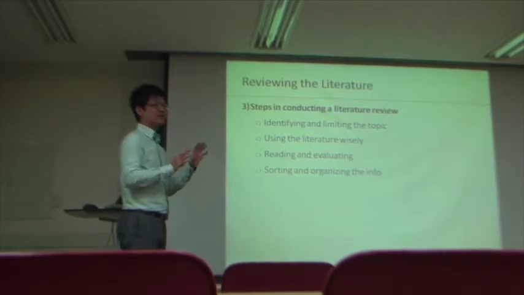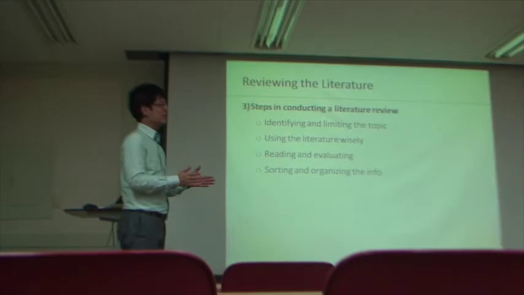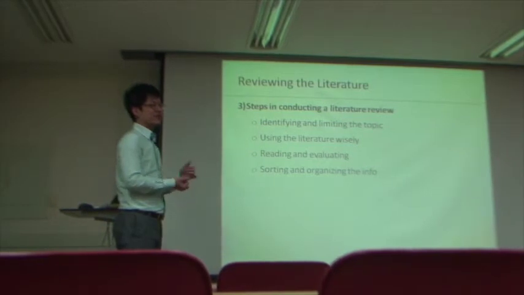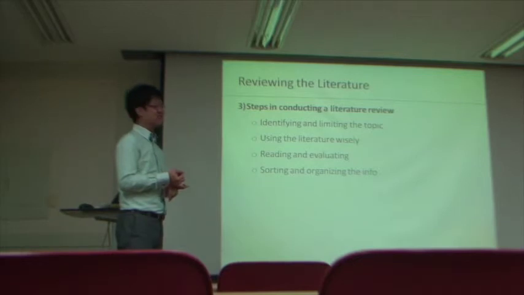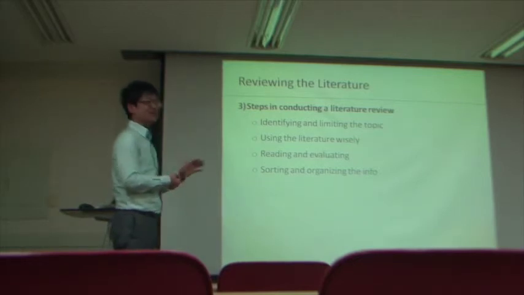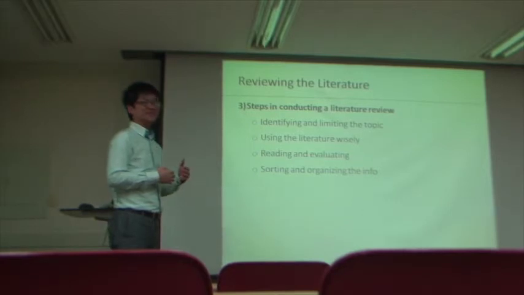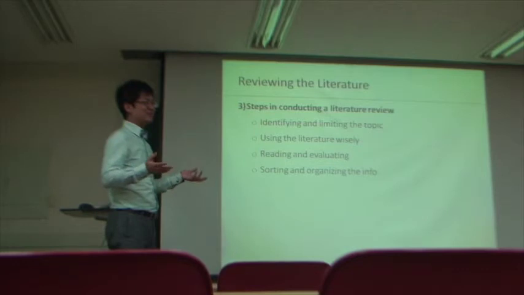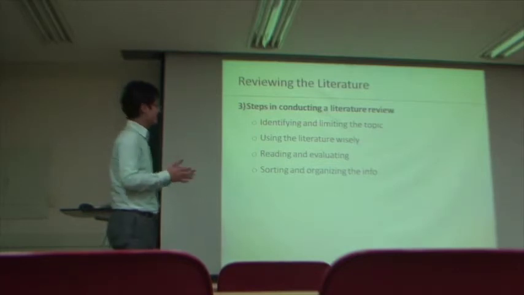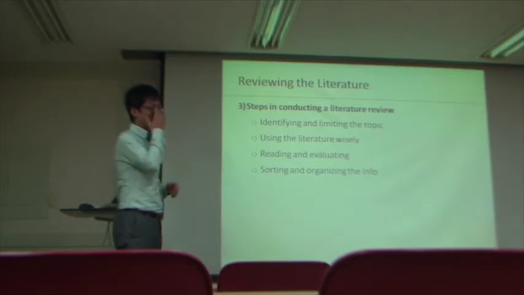First, you identify some important area, and then of course, you have to use your literature wisely. Again, the internet and magazines are dangerous, so use them wisely, and you have to read and evaluate. Sometimes, don't be too greedy, because you can get so much literature that if you don't know how to manage it, it's endless work.